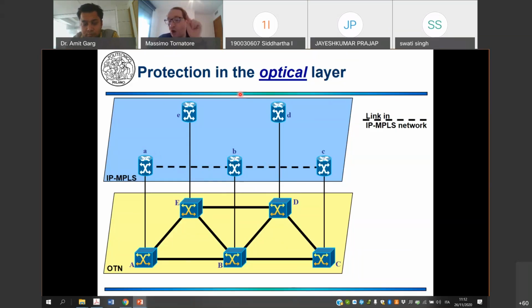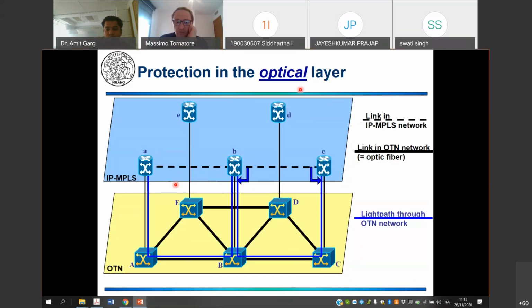If we do protection only in the optical layer, see what happens. If we do protection between A and C, we have a light path associated with the logical path AB, which is this one. A light path associated with this logical link, which is this one.